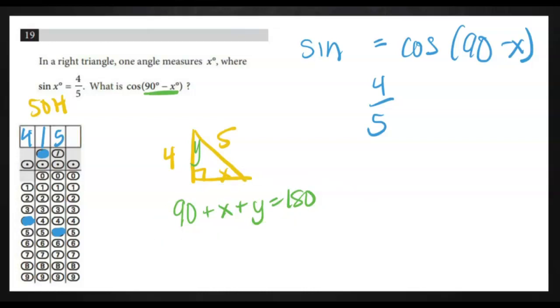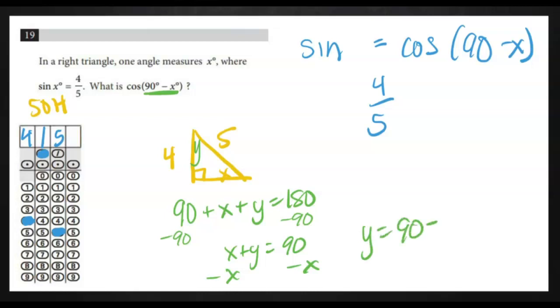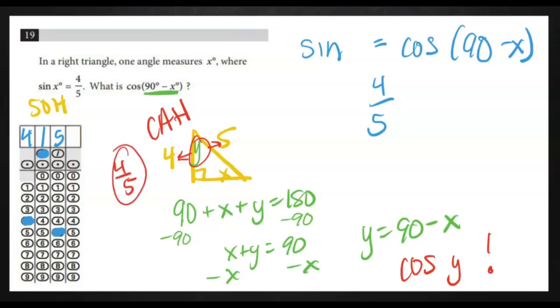So I'm going to subtract 90 first. So I have x plus y equals 90. Well, 90 minus x means I have to subtract that x. So 90 minus x is really me finding the y. So in actuality for this question, I want to find the cosine of y. So the cosine of y, remember cosine is adjacent over hypotenuse. So adjacent is my 4, my hypotenuse is my 5. Same answer as what we got before.